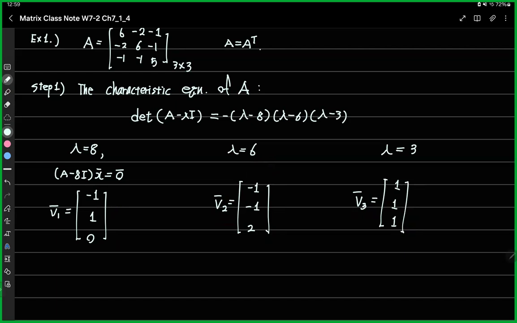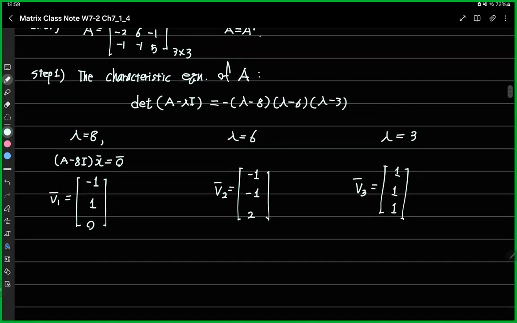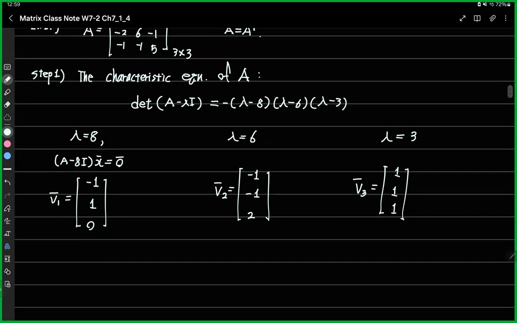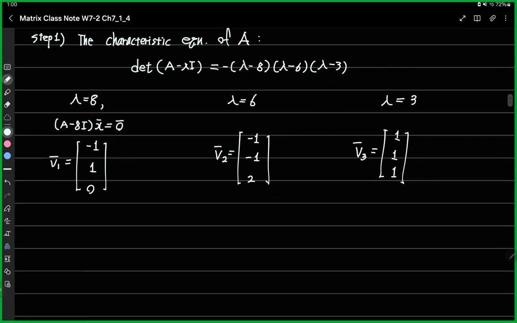Let's check to see if these are mutually orthogonal. V1 dot V2 is equal to -1 times -1, which is 1, and then 1 times -1 is -1, and then plus 0. So this is 0.